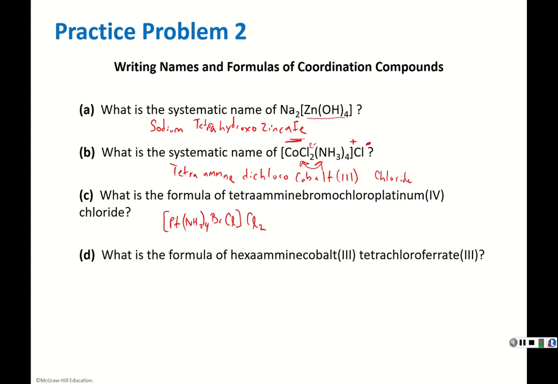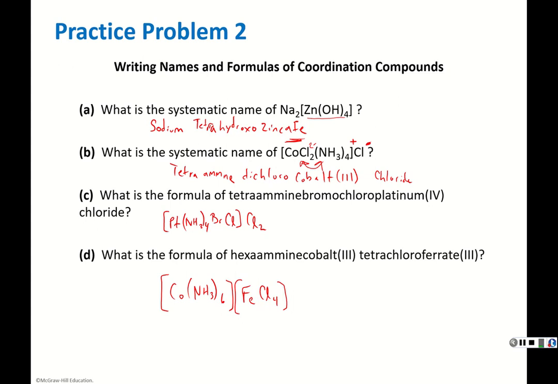Right, and then finally, this one's a little bit tricky because we have a complex cation and a complex anion. So the cation is hexaamminecobalt(III). So cobalt with 6 ammine groups around it. So that is a +3 charge. And tetrachloroferrate(III). So iron with 4 chlorines around it. Okay, how many do we need to balance?